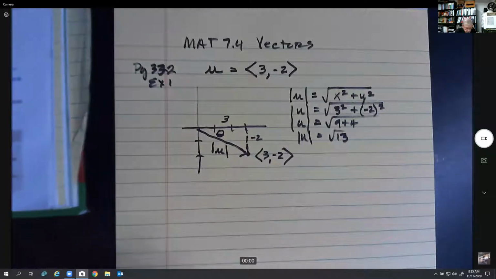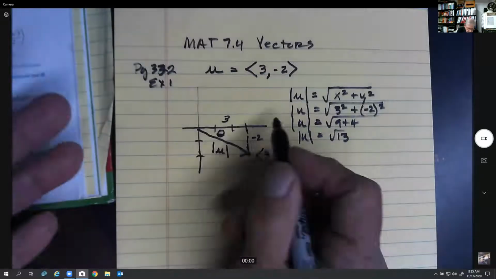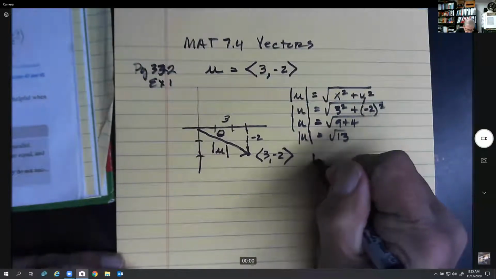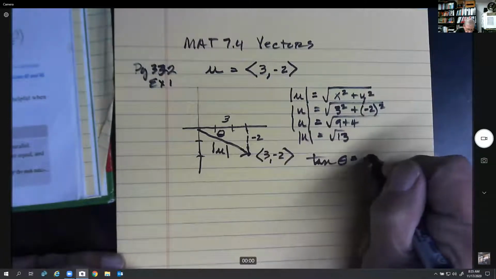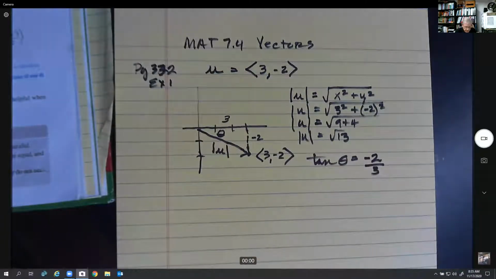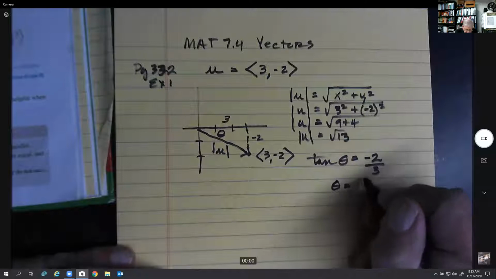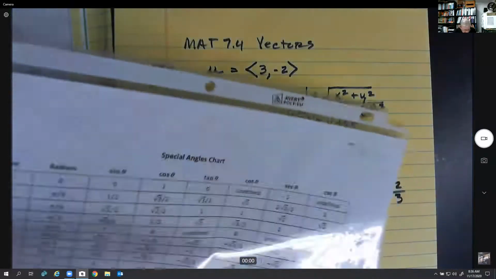The next thing we want to do is look at the angle of this thing. So to find the angle theta, we have the opposite, we have the adjacent. So tangent theta is the opposite, -2, over the adjacent, 3. Okay, pretty easy. So theta is going to equal the inverse tan of -2 over 3.